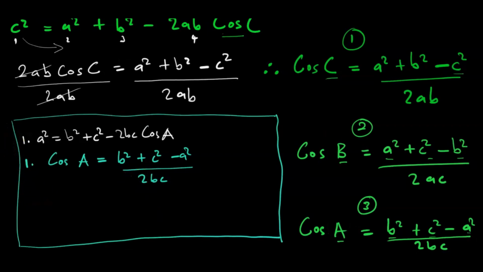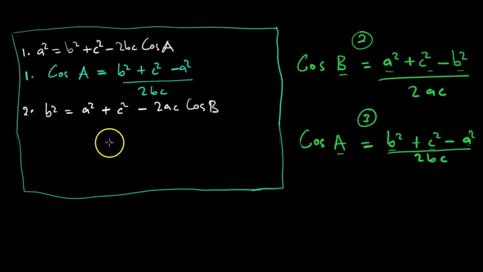Then for our number 2, tina b squared is equal to a squared plus c squared minus 2ac cos b. Inogonawo kunyorwa yakaita sei? Yakati cos b is equal to a squared plus c squared minus b squared over 2ac.